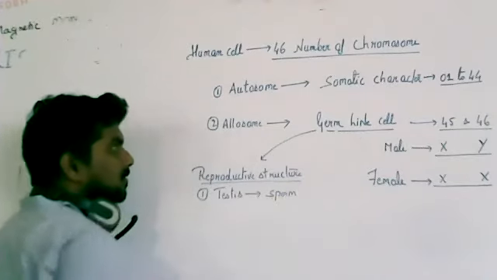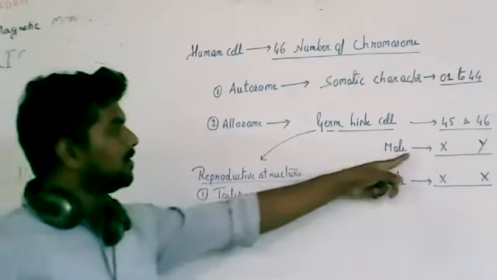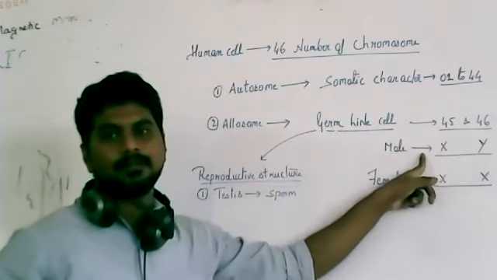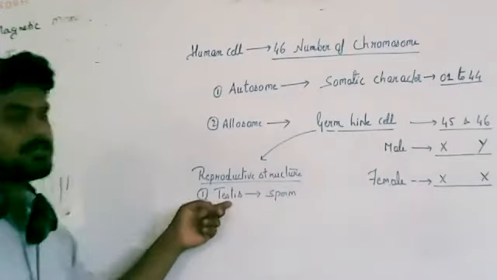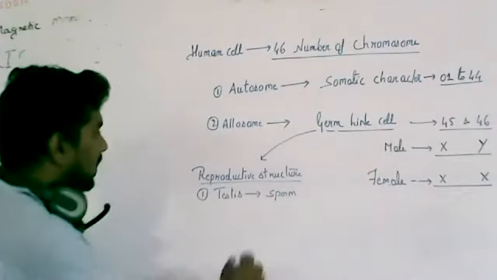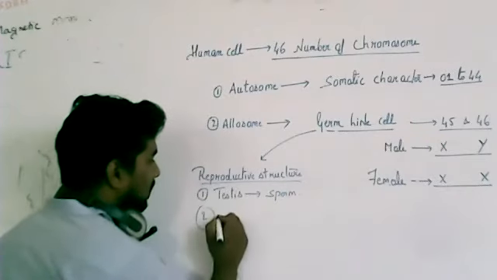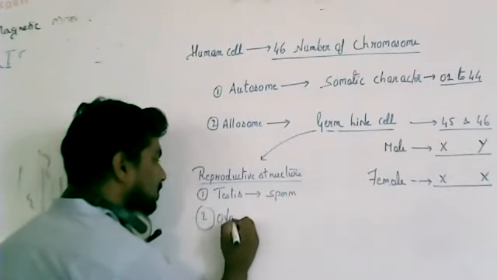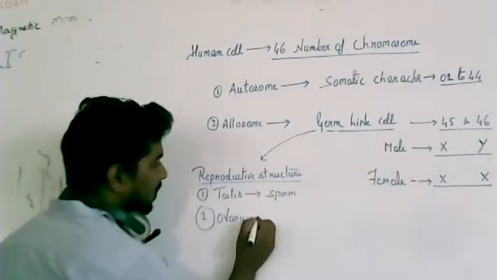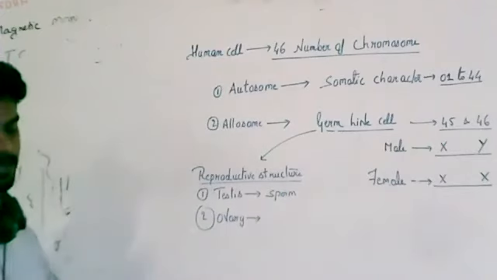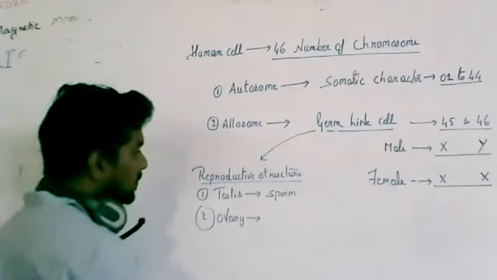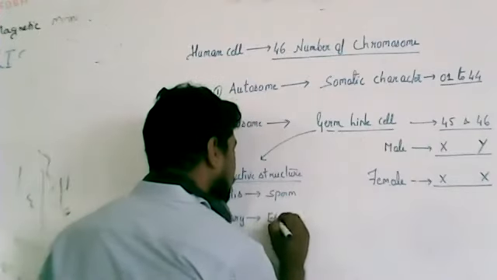If it is male and XY, the male will have testis, and those testis will produce sperm. If it is female, it would be ovary, then uterus. All those components will be there in the reproductive structure. The ovary would produce eggs.